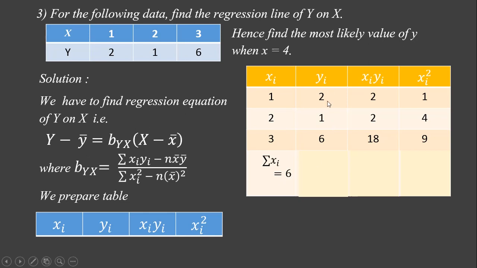Summation yi, 2 plus 1 plus 6, is equal to 9. Summation xi yi, 2 plus 2 plus 18, is equal to 22. Summation xi square, 1 plus 4 plus 9, is equal to 14. So we have these four values, and using these four values we find the required equation.